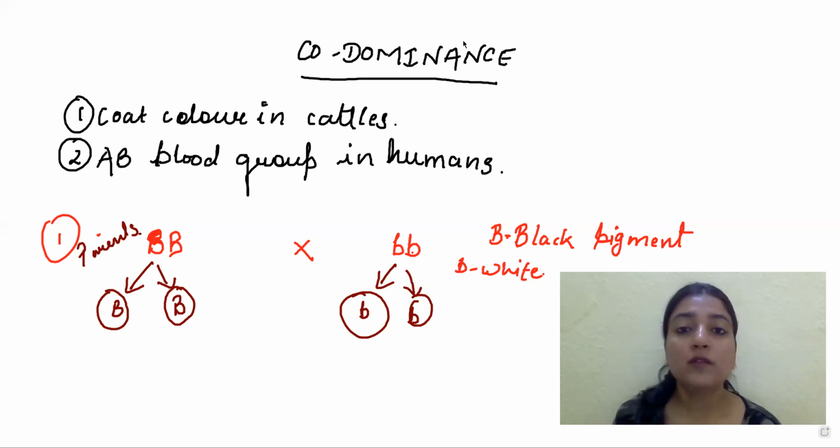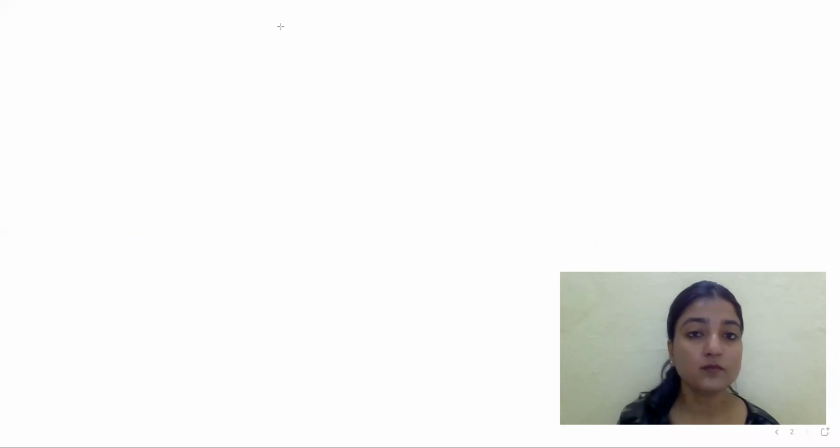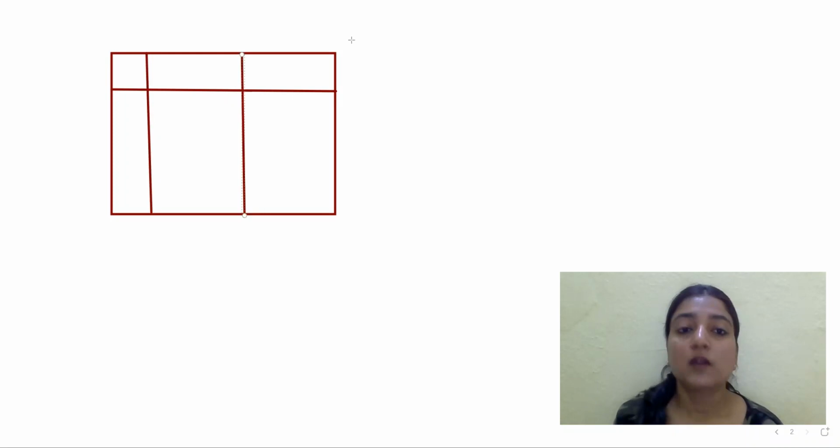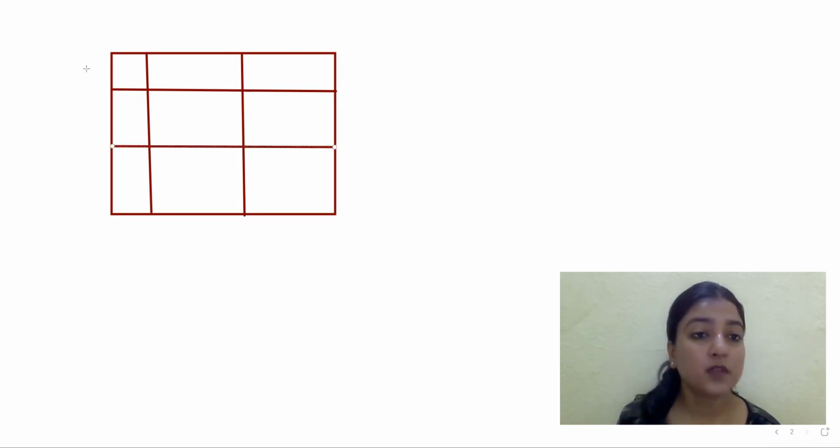Now we will make a Punnett square. Here we take this as male and this as female.